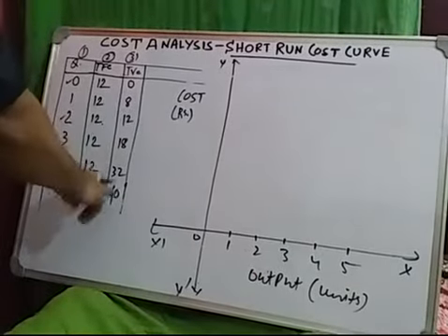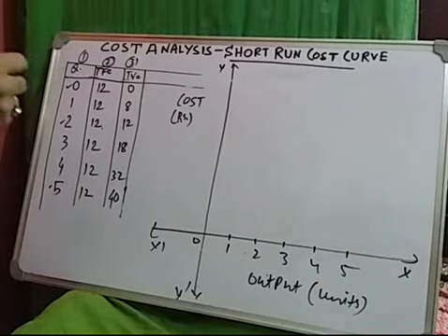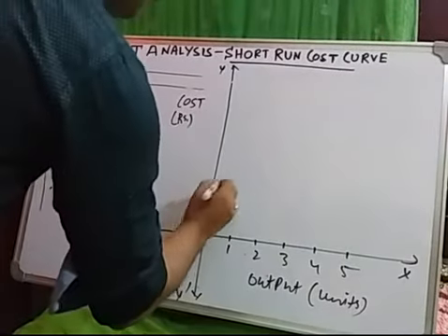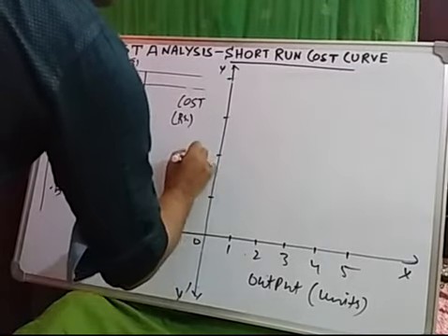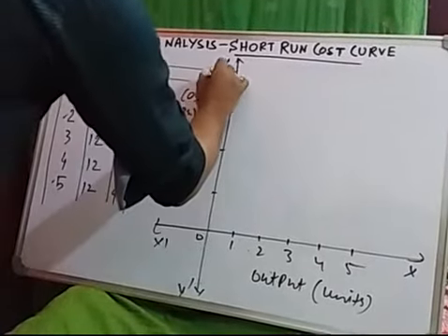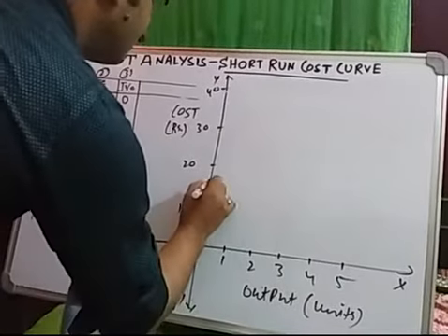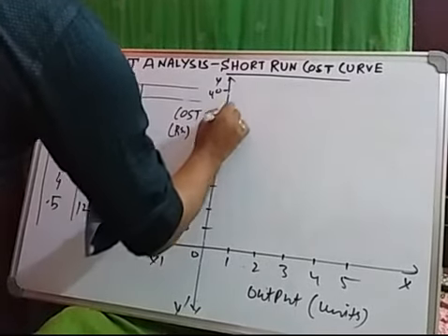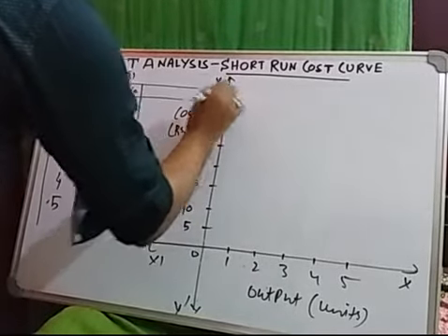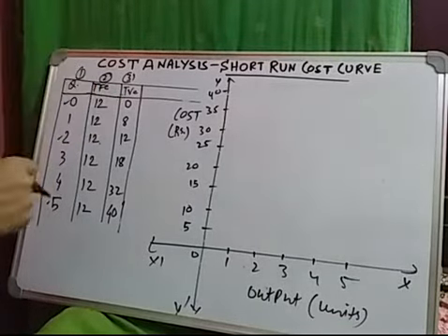The total maximum is 40, so this is 10, 20, 30 and 40. I can divide again by 5: this is 15, this is 25, this is 35.